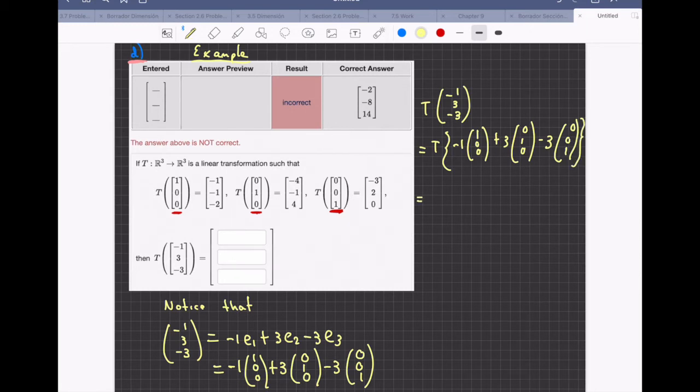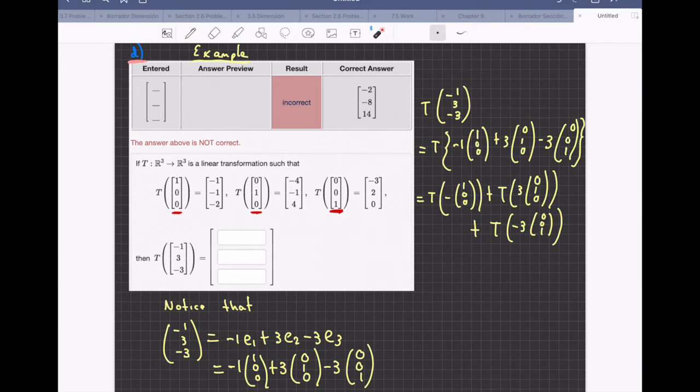Since this transformation we know is linear, I can distribute the transformation into every term. So this would be T of -1 (1, 0, 0), plus T of 3 (0, 1, 0), plus T of -3 (0, 0, 1). You see? I applied the transformation to each of the terms.